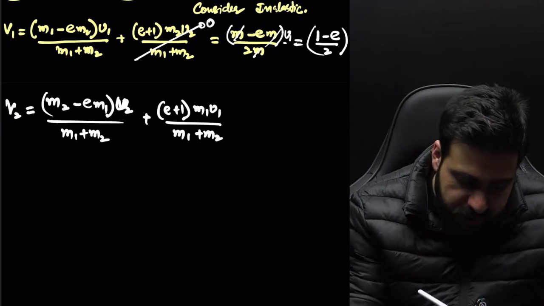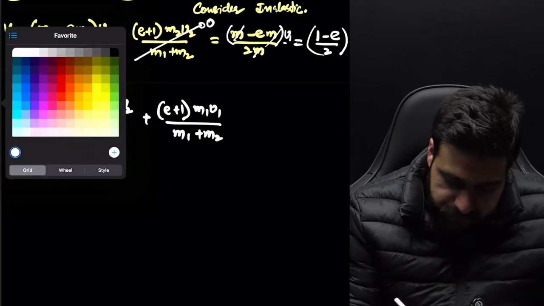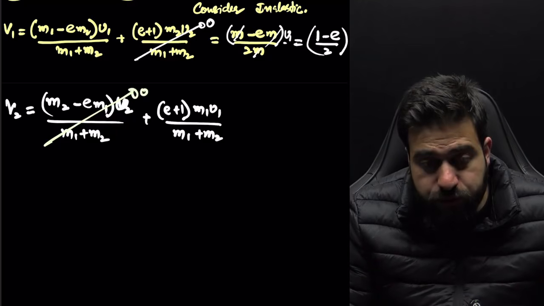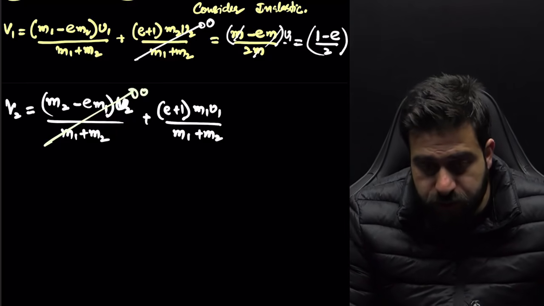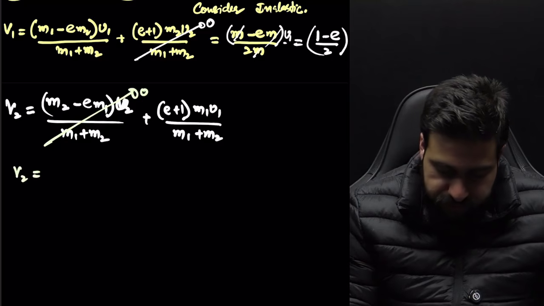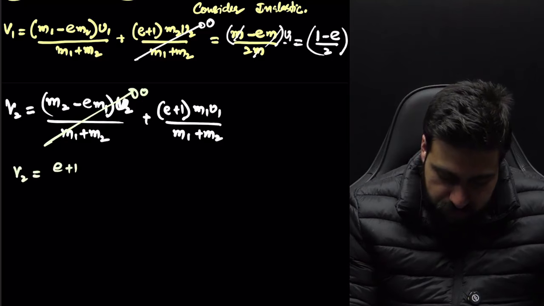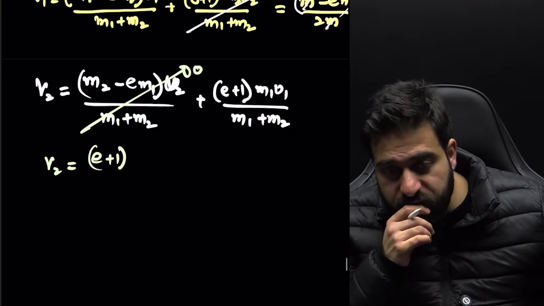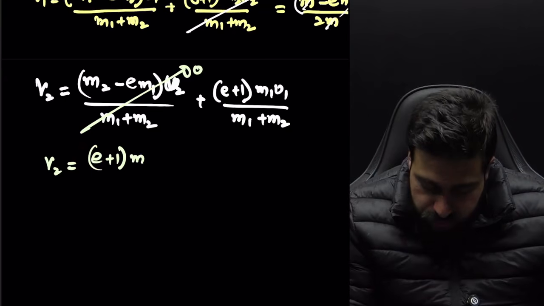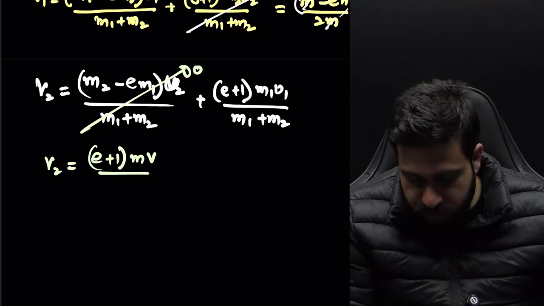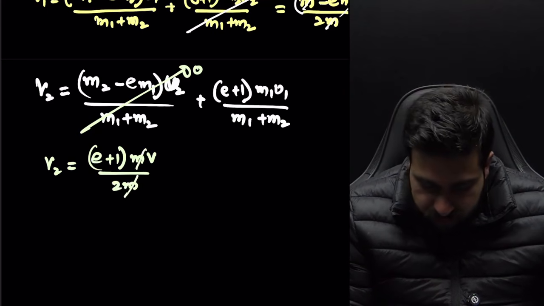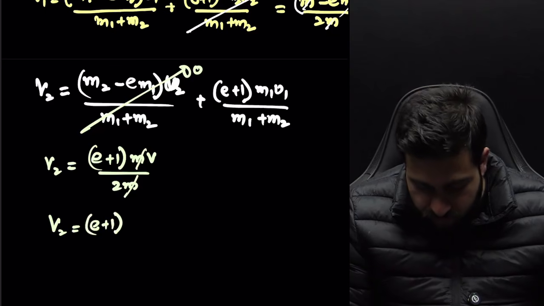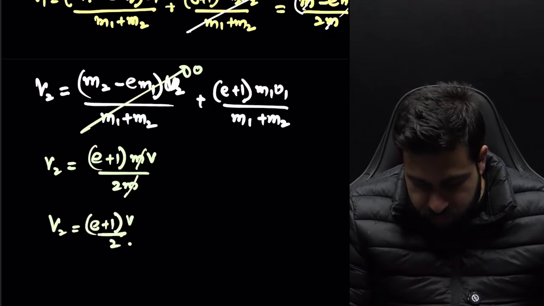In this particular case, the first term is going to be 0, because U2 is multiplied with the first term and U2 is 0. So V2 will be (E plus 1) times M1 U1, where M1 is M and U1 is V, divided by M1 plus M2, that is 2M. M and M will cancel, so V2 will be (E plus 1) into V divided by 2.